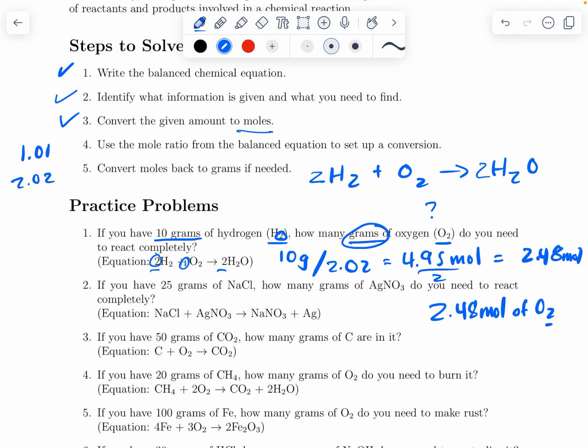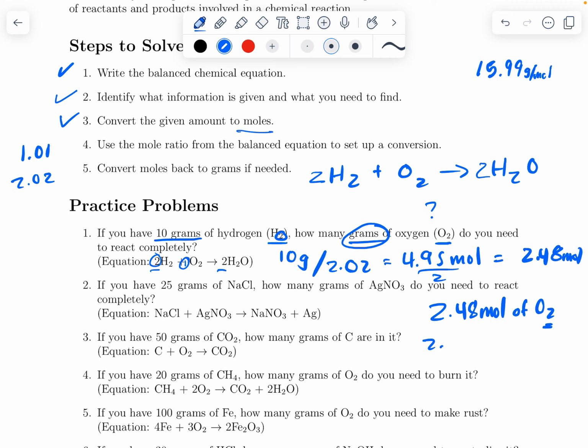It's a molecule. So you look it up, oxygen, you find that it's 15.99 grams per mole of oxygen. But because it's an oxygen molecule, you got to double that. So we'll just round to 16. That'll give us 32.